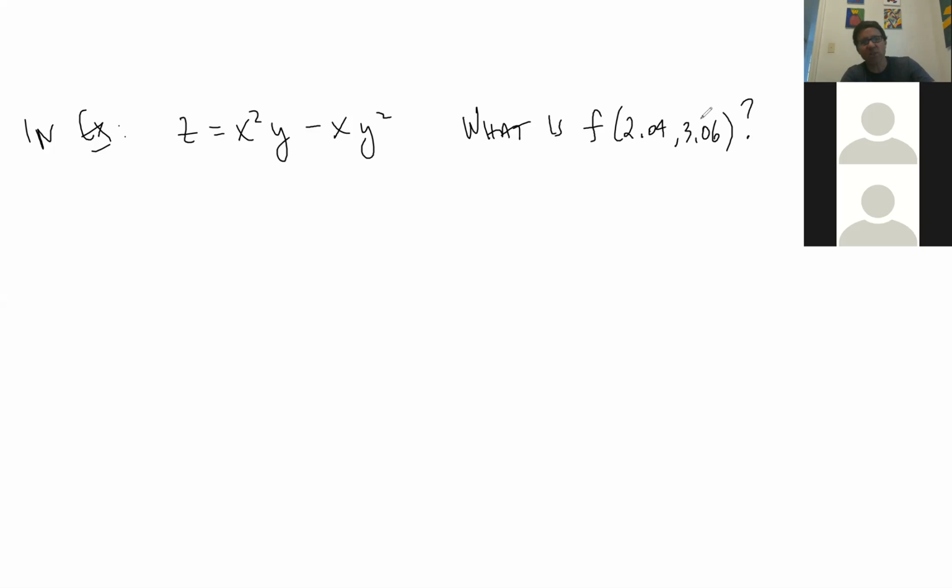This will be a very basic example, because when I first see these two, I'm like, well, just plug in 2.04 and 3.06 and stick it in your calculator. And yeah, that's true, we can do that, but I'm not going to do that right now. What I can do is compute, first of all, an easy one: the function at 2, 3, which looks really close to 2.04 and 3.06.